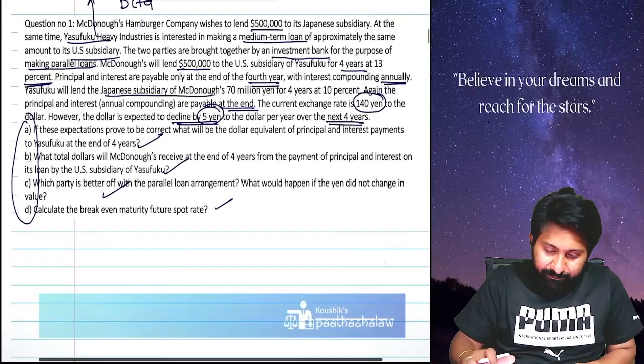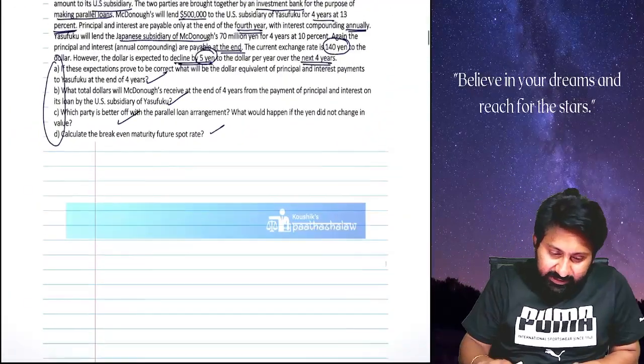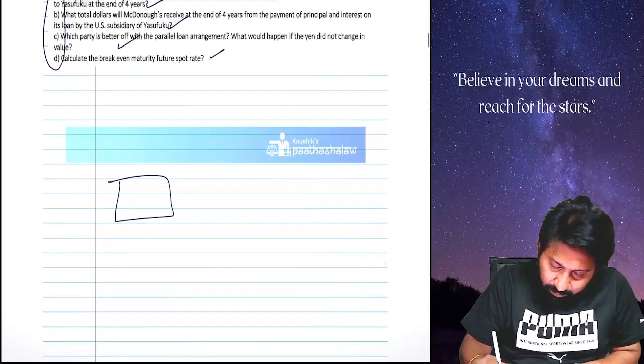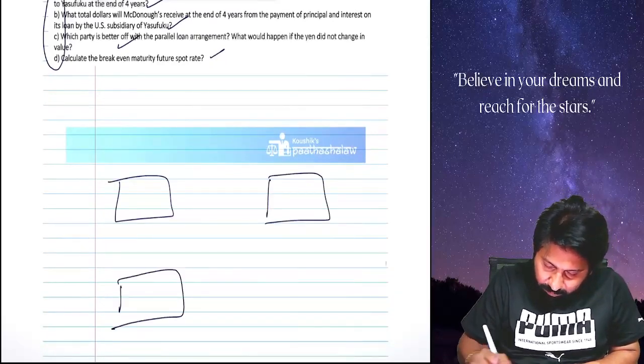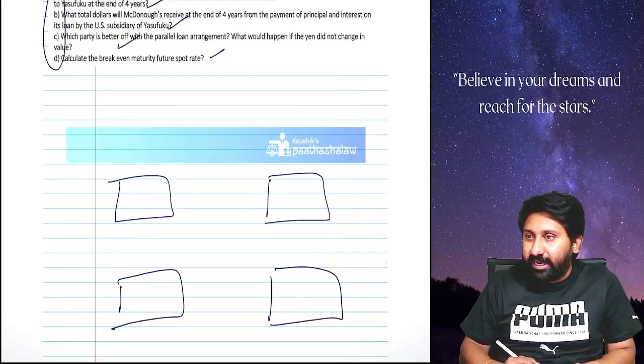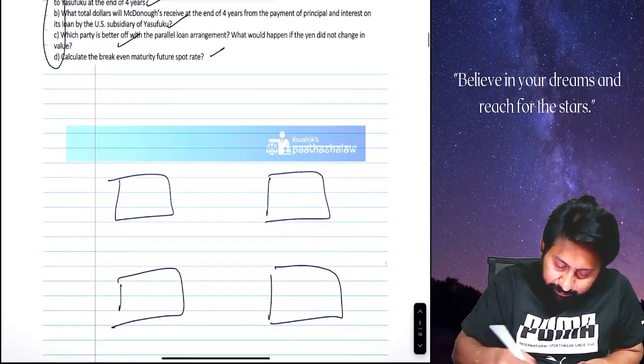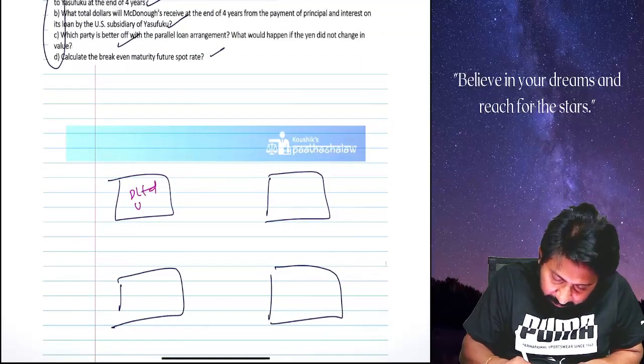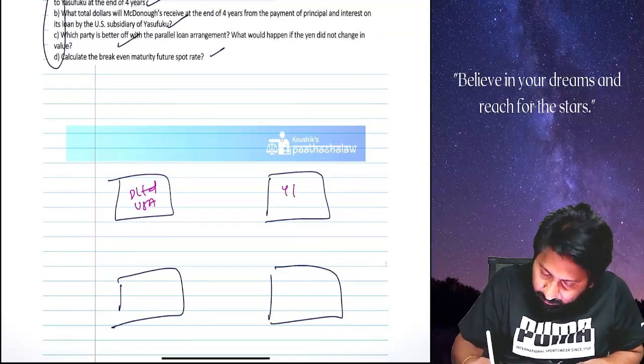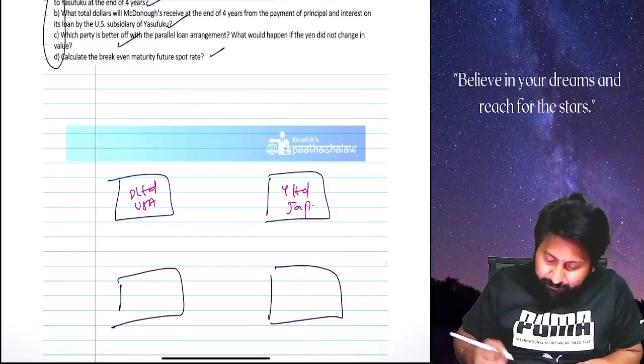Let us understand what they are saying. Four companies are there. Roughly, I will first do. How many companies? Four companies. Now, D Limited, USA, Y Limited, Japan.